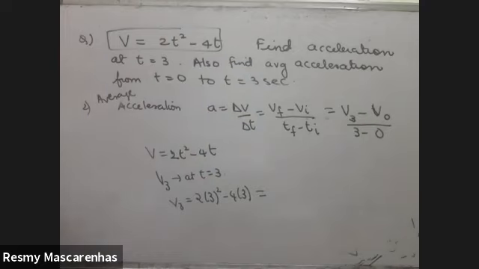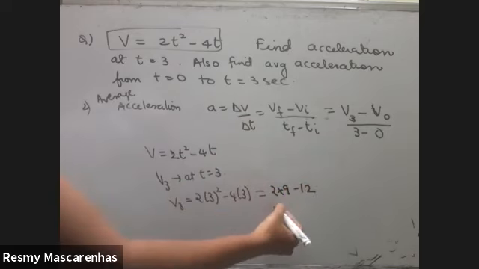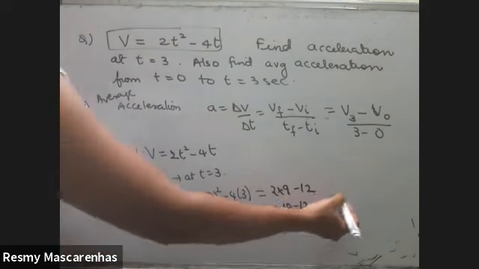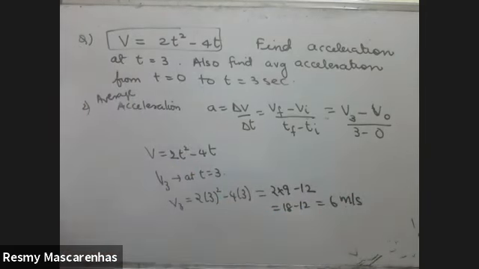So that will be 2 into 9, 18 minus 12, 6 meters per second. Velocity means meter per second. Then V0 will be, just put, this was at t equals to 3. This will be at t equals to 0.